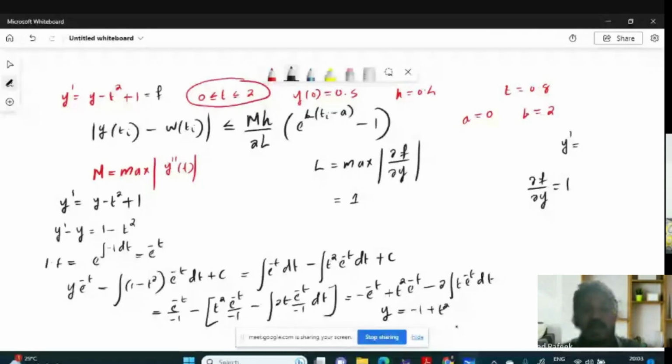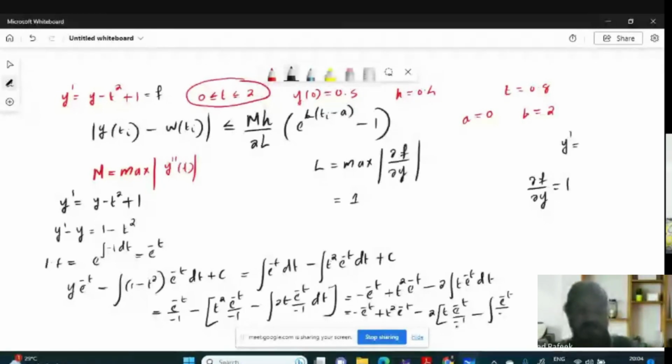That equals minus e raised to minus t plus t square e raised to minus t minus 2 into, again integration by parts, t e raised to minus t by minus 1 minus integral of the derivative of t, which is 1, e raised to minus t by minus 1 dt.